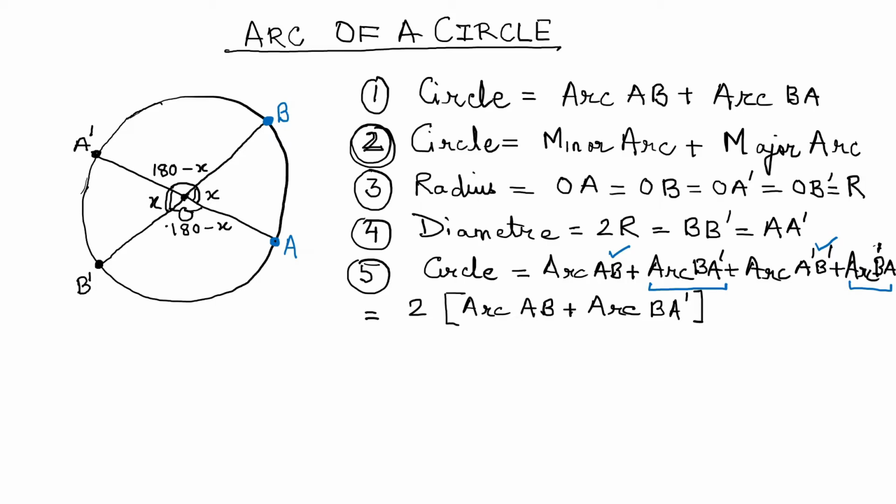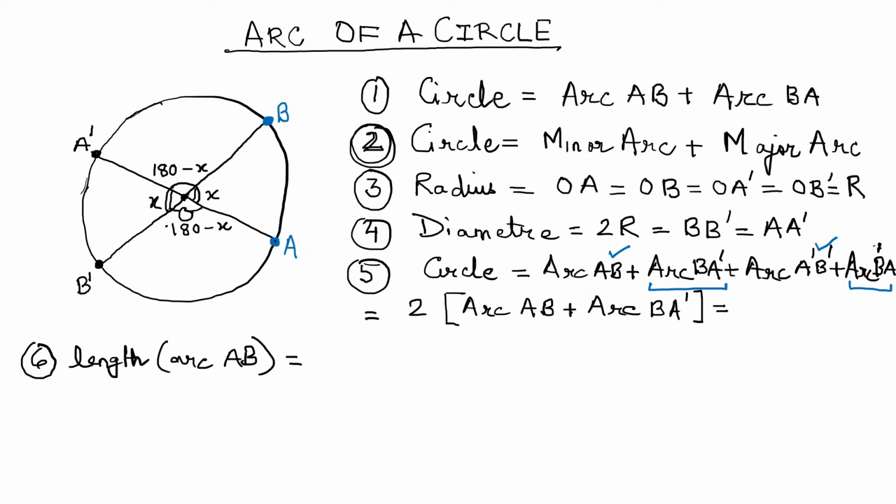Now the next question that arises here is, what is the length of the arc? So we will come back to the circle. What is the length of the arc AB, which is the curvilinear length?